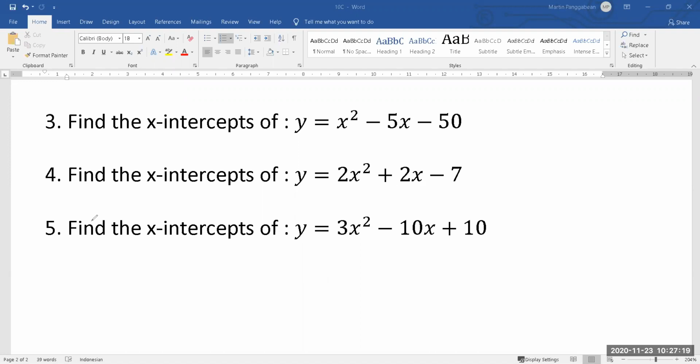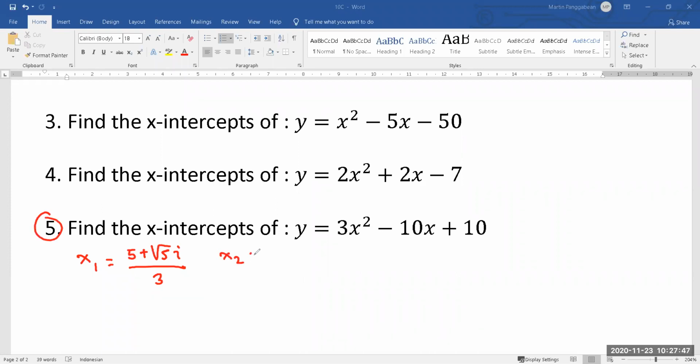So x1 for this part, if I remember correctly, it is 5 plus square root of 5i, over 3, I think. That's the last answer for number 5. Yeah, it is. Thank you.